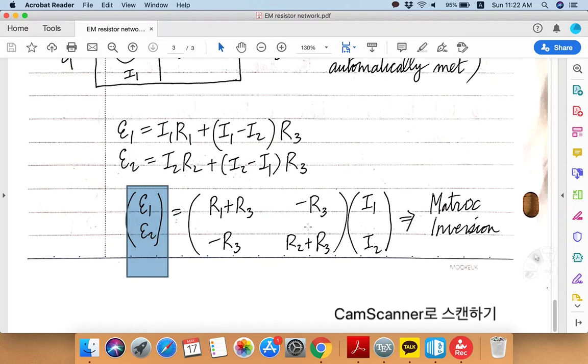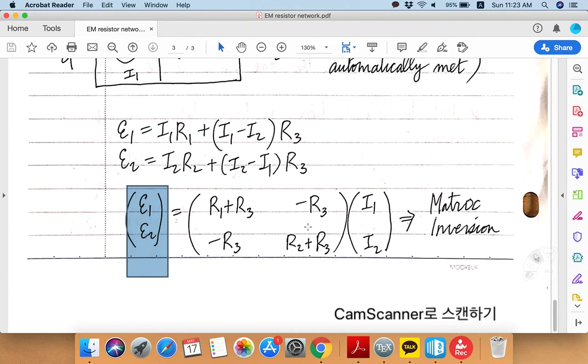Okay, so this relation between solving the resistor network problem and solving for the inverse matrix of the resistor matrix, that connection was probably not very emphasized in your prior education.